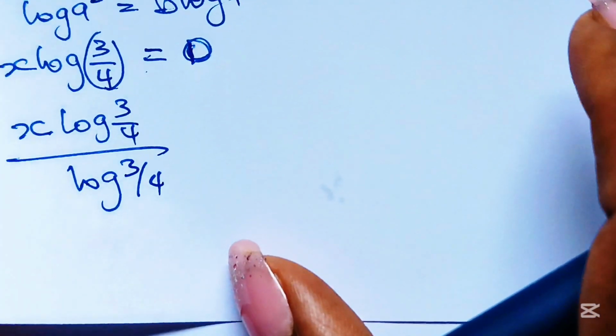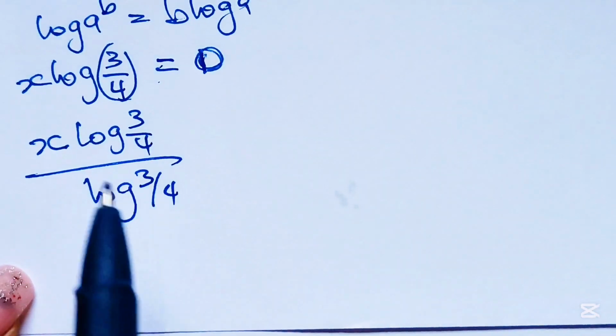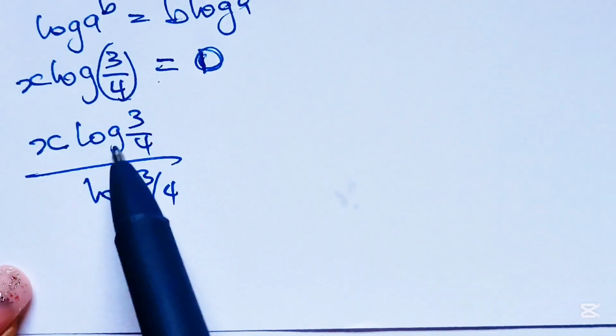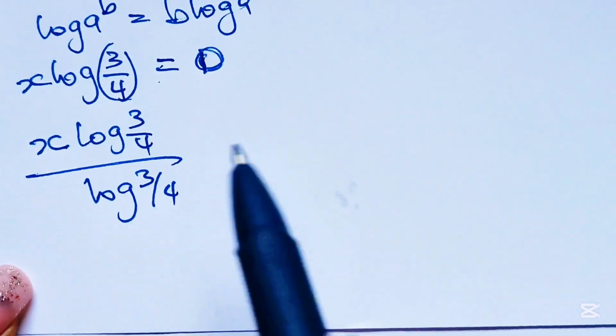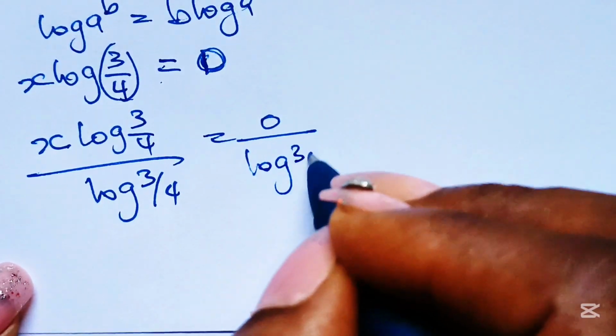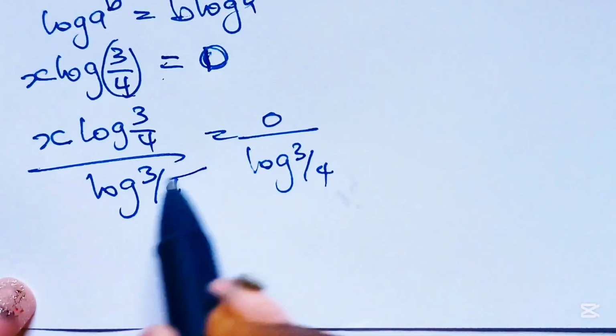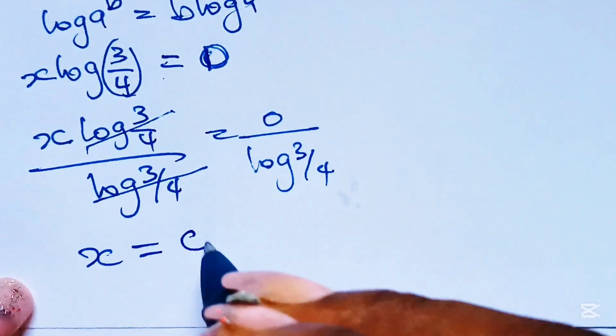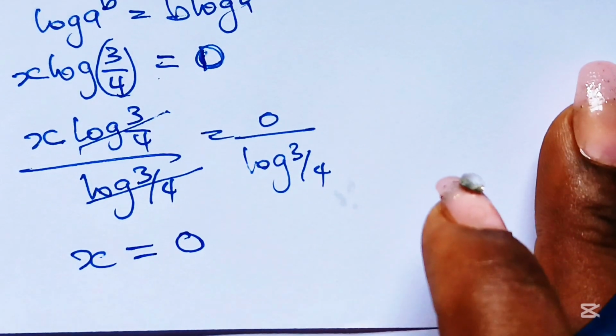Yes, because we want to get the value of x. The only way to do that is to divide both sides of this equation by log 3 over 4. So we have x log 3 over 4 divided by log 3 over 4 is equal to 0 divided by log 3 over 4. Okay, so we cancel this and we have that x is equal to 0, because 0 divided by anything is 0. Perfect.